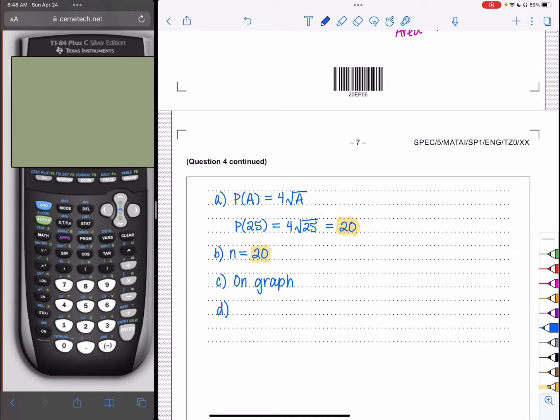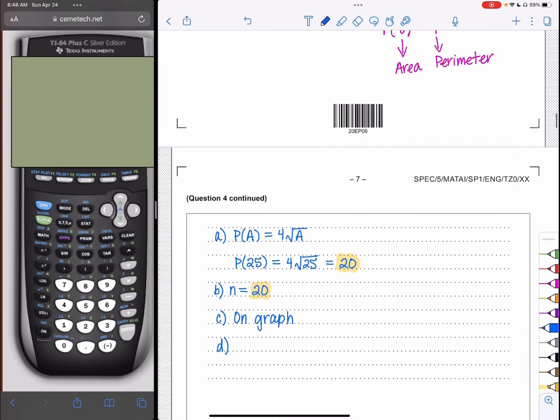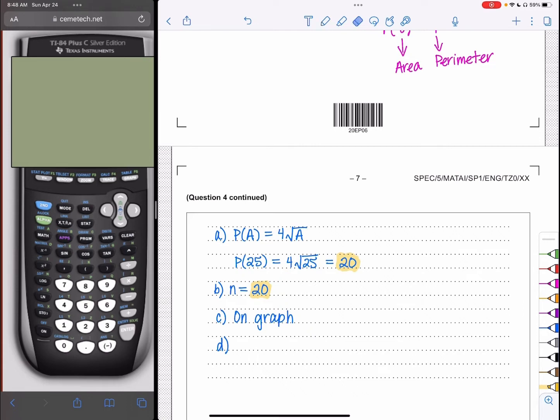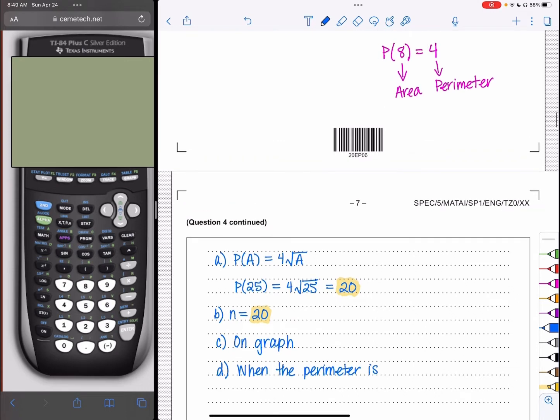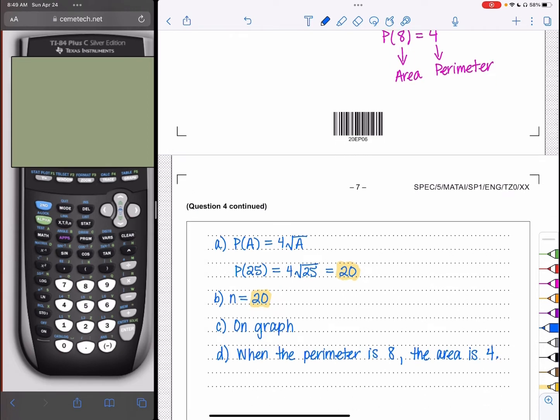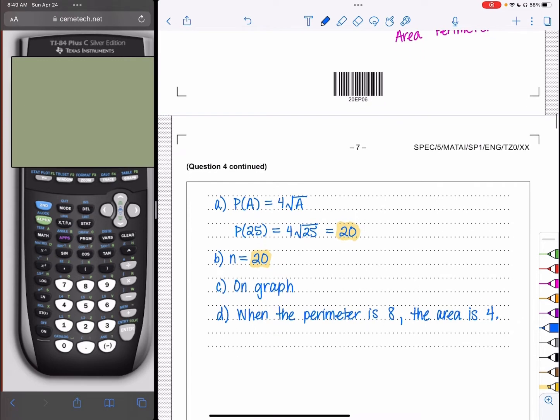So I can say here, when the perimeter is 8, because remember we're swapping the meanings, when the perimeter is 8, the area is 4.